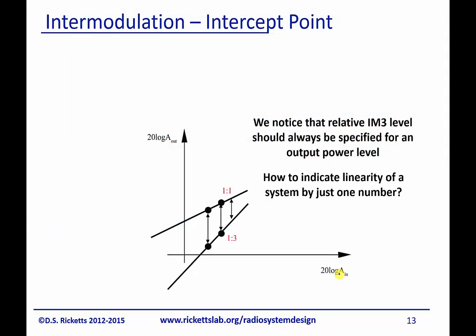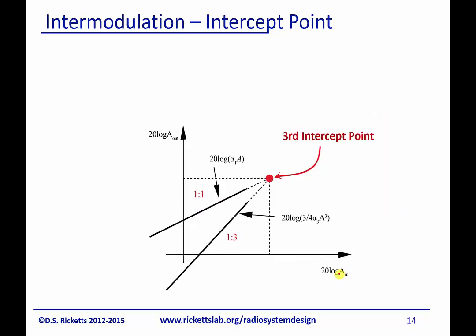And so when we want to specify the IM3 level, we always need to specify it at a specific output power level. And as I showed you before, and we've gotten to this several times, we describe the intersection of these as the third intercept point. And it happens because these two intersect here.